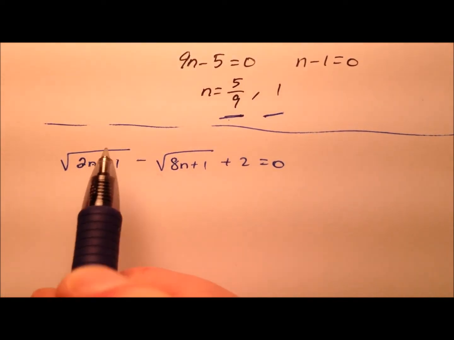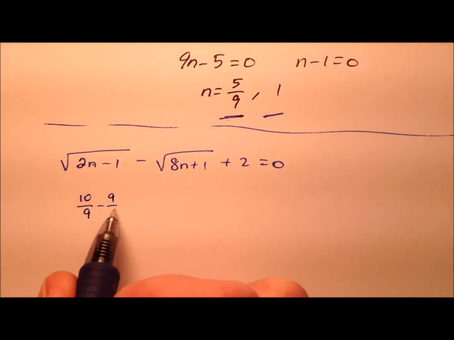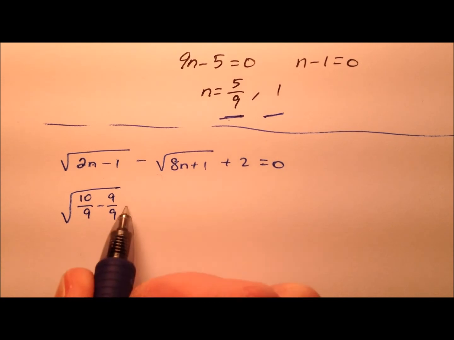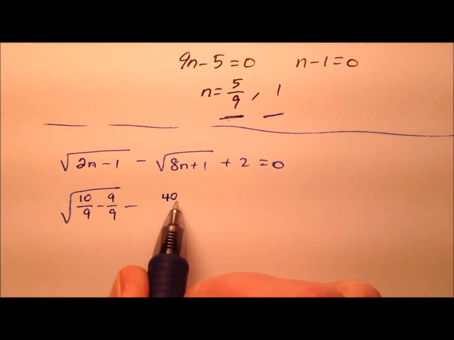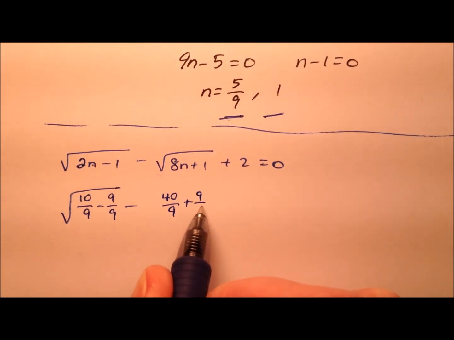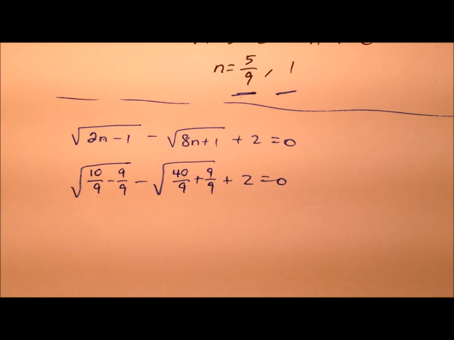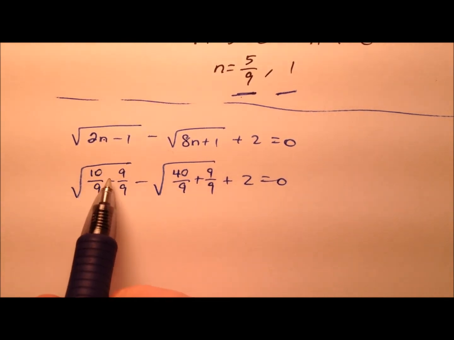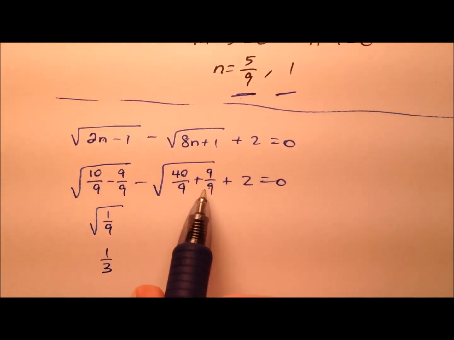So 2 times 5/9 is 10/9, minus 1, which is 9/9. That's in that square root. Then 8 times 5/9 will be 40/9, and then we can get common denominators, 9/9, and then plus 2 equals 0. So 10 minus 9 is 1/9. The square root of that is 1/3. Then we have 49/9.